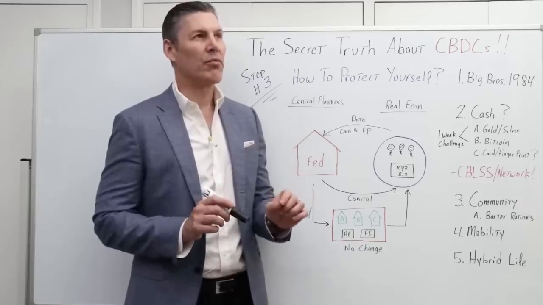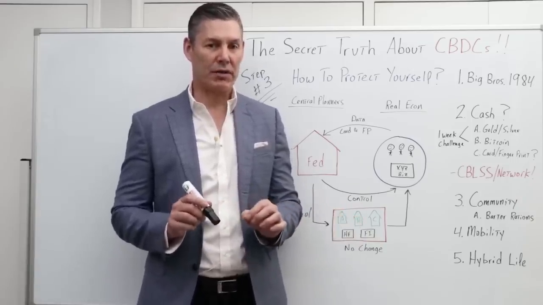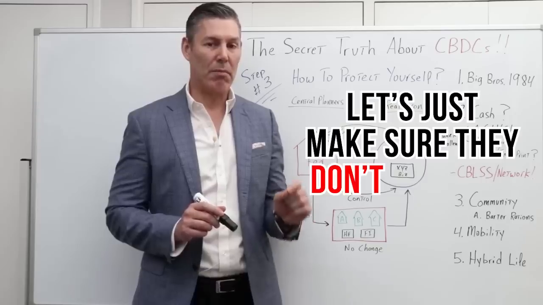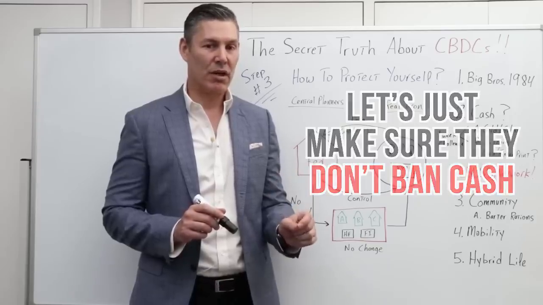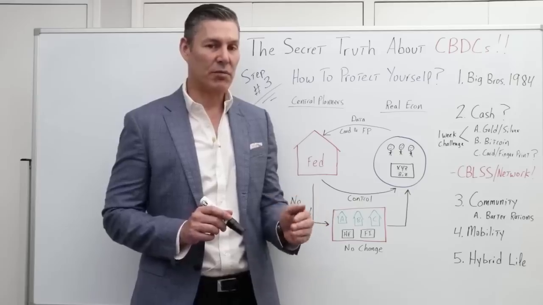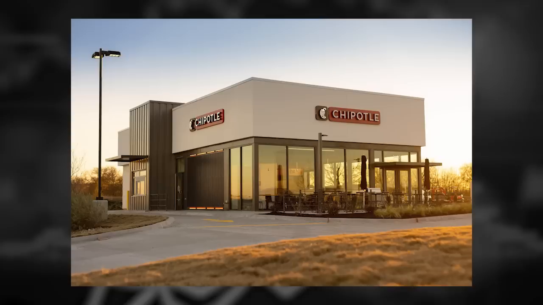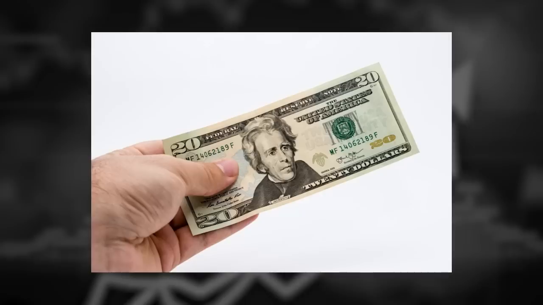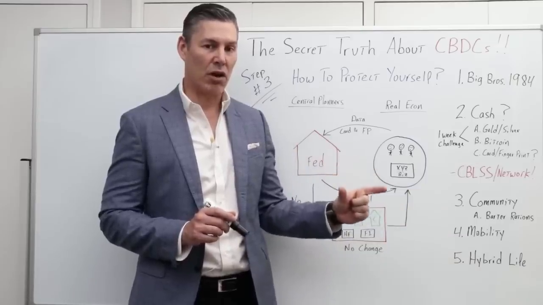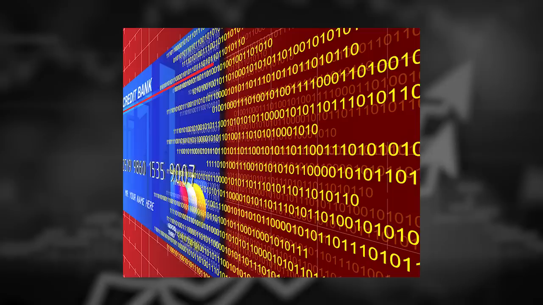Okay, so the initial reaction, and even my initial thought, was, okay, well, let's just make sure they don't ban cash. Because if they don't ban cash, that gives you some sort of purchasing power to where you could go down to Chipotle, you could give them a $20 bill instead of using your bank card, and then the data wouldn't go anywhere.